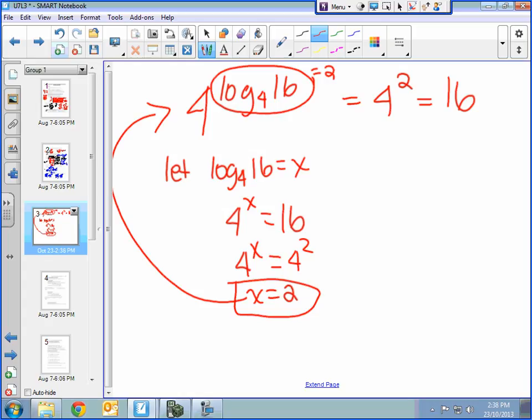So that is your final answer. So this one, you just figure out your logarithm right off the bat, and then once you get that answer, that is your exponent for your original base. Does everyone see what I did here? Okay, do you understand where I got 4 squared from? 4 squared is just equal to 16.